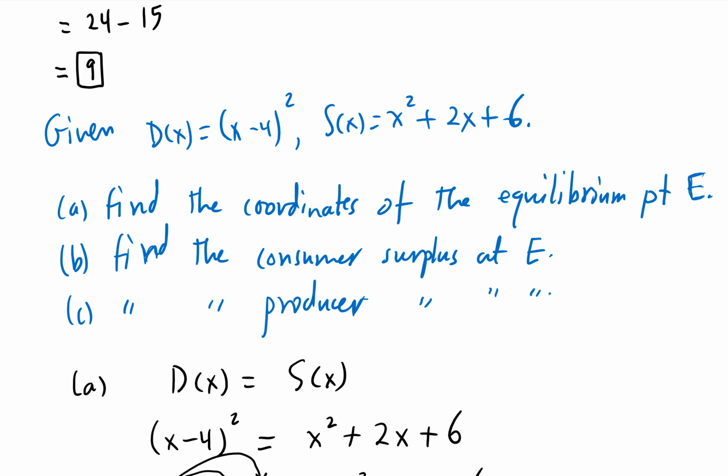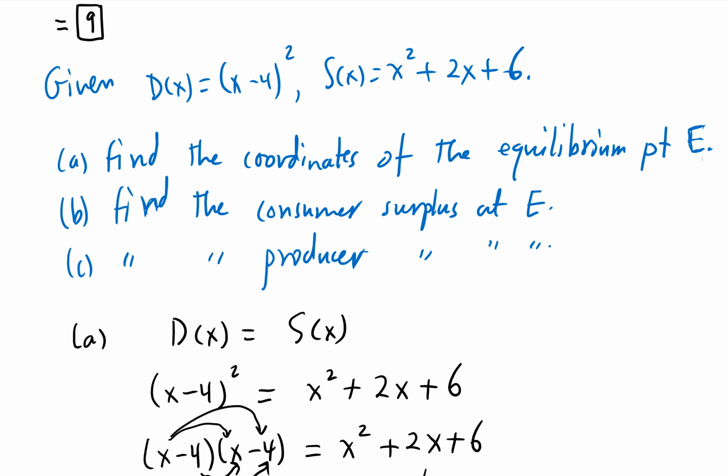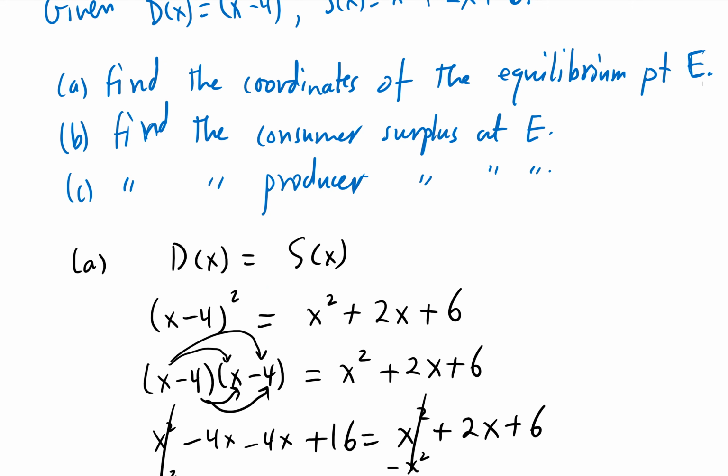And to solve such an equation, if you do not remember the formula to expand the x minus 4 squared, you can rewrite it as x minus 4 times x minus 4, and multiply that out. People say FOIL it. You can FOIL: multiply x by x, x by 4, 4 by x, 4 by 4.